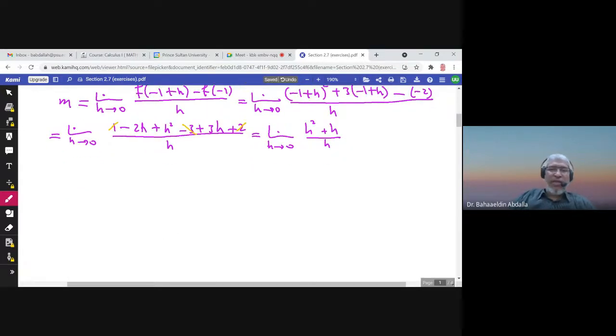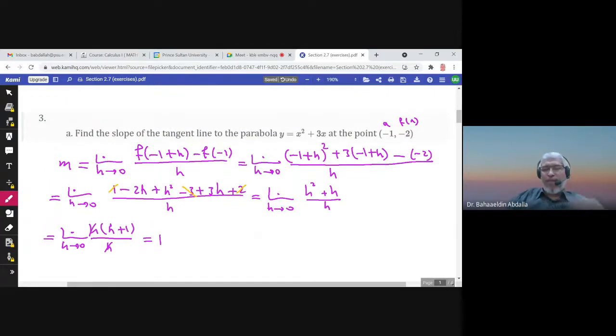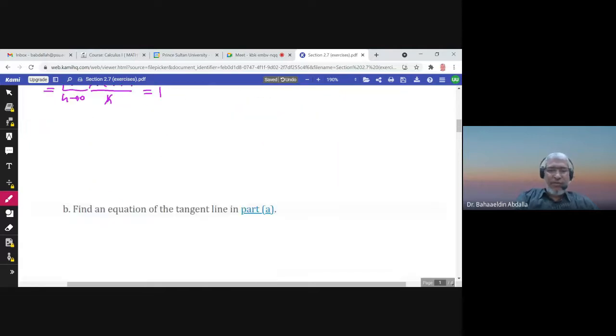Now I can take h as a common factor from the numerator, so I'll have h plus 1 over h. When h approaches 0, h cancels with h. If h is 0, then the answer is 1. So this is the slope of the tangent line, 1.